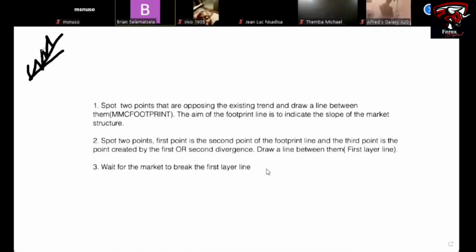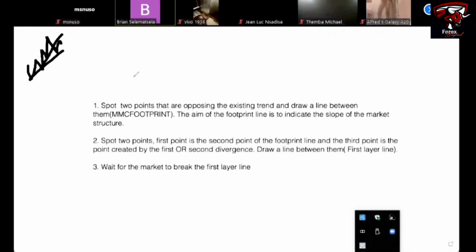But at that particular time, let's say you are not on any trade. Because if you're on a buy, immediately when the market breaks your first layer, you know you have to close and take a look at the sell. So now you'll have to wait for the market to pull back.